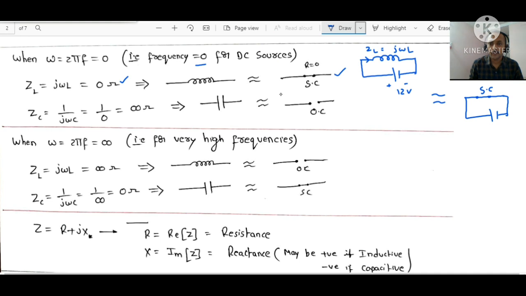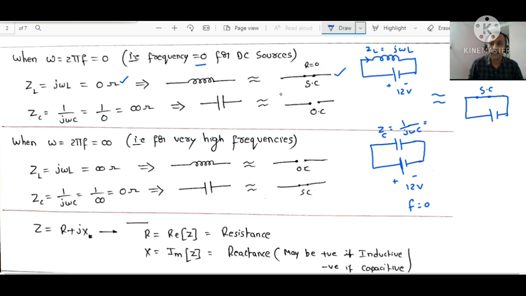If the same 12 volts is applied to a capacitor, positive, negative, what is the impedance? Zc equal to 1 divided by j omega C. Now the frequency is 0.